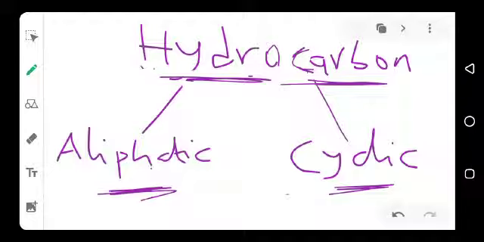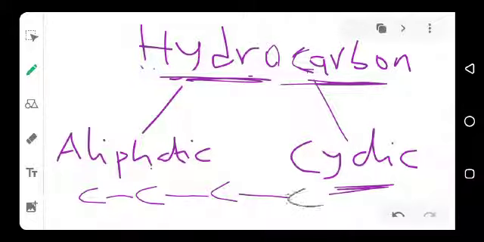Aliphatic hydrocarbon is a hydrocarbon that has a straight chain or branched chain structure. For instance, when we draw a carbon skeleton like this in a straight chain, it is an aliphatic hydrocarbon, because the chain is straight.